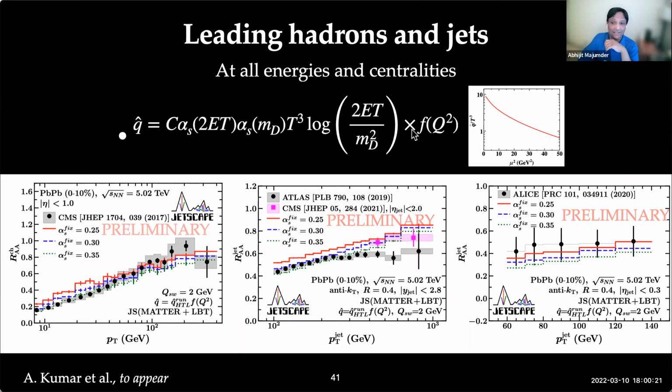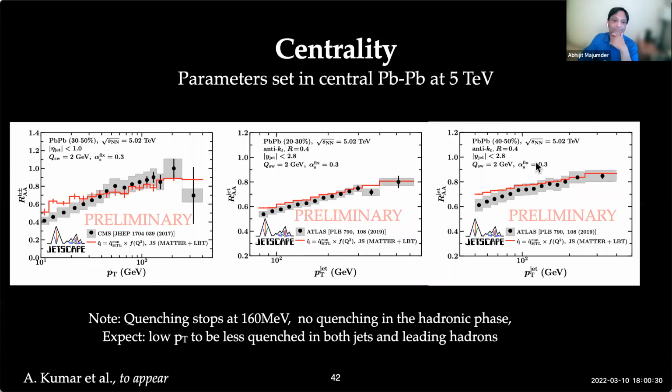It has that form of Q hat I talked about, a factor that basically suppresses the virtual parton interaction with the medium. As a function of centrality for leading hadrons, for jets, for different centralities, so 40 to 50%, 20 to 30%. There's no more fitting here. All the fitting was done in the previous slide.